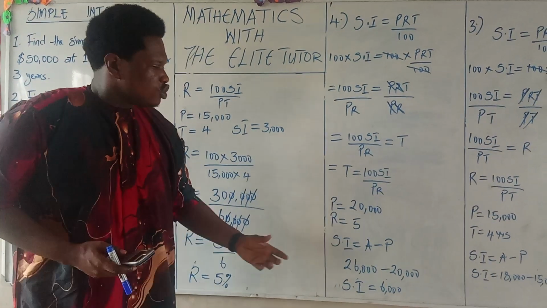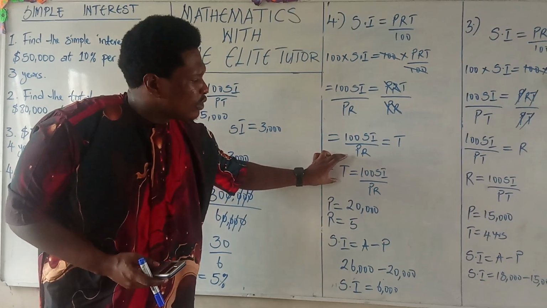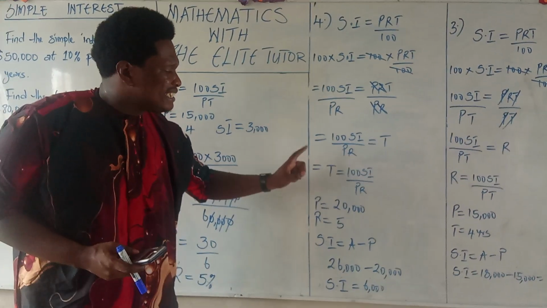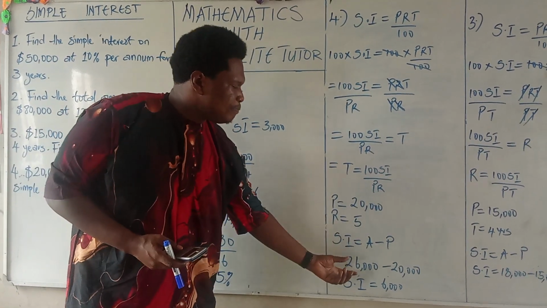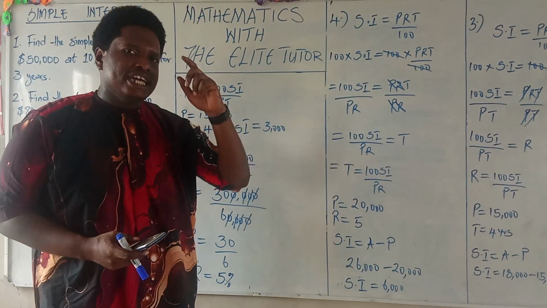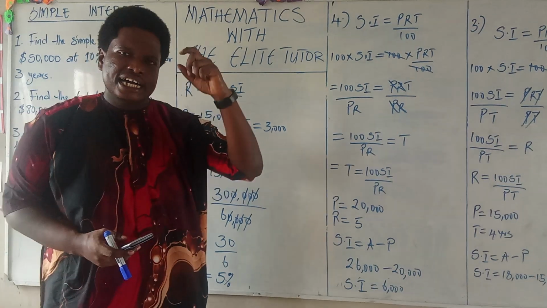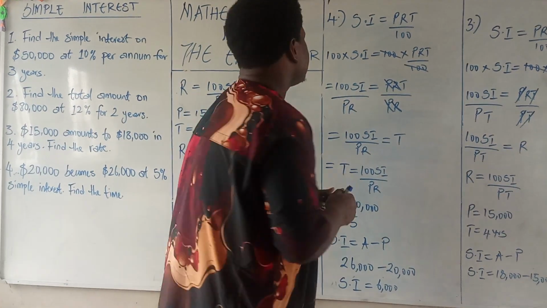We have that our principal is $20,000, our rate is 5, and our simple interest is $6,000. We are going to go ahead and input these parameters into this formula. We've made T the subject where T is equal to 100 SI over PR. I want you to follow closely.